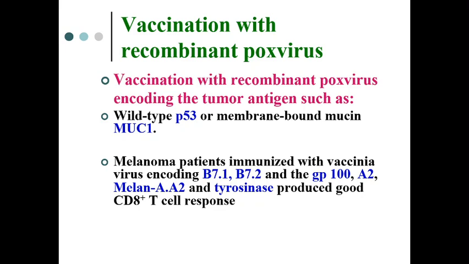Similarly, membrane-bound mucin is an important protein which, when it is expressed, can also suppress the tumor growth. So the P53 or mucin 1 gene can be carried by the pox virus to infect the tumor cells and make them express the wild type P53 gene or mucin 1, thereby suppressing its growth.